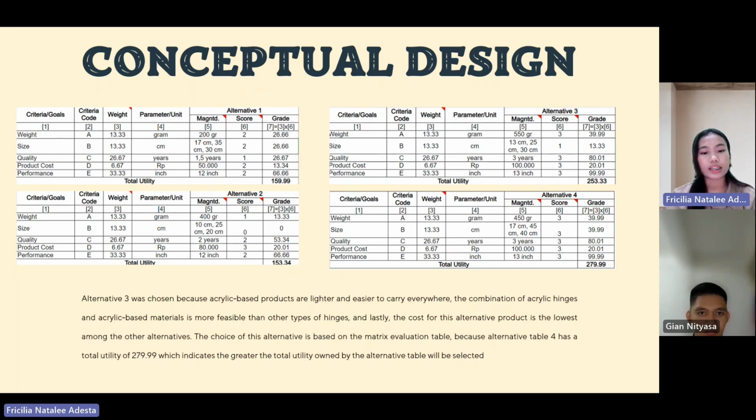The choice of this alternative is based on the matrix evaluation table, because alternative 4 has a total utility of 279.99, which indicates that the greater the total utility owned by the alternative, the more likely it will be selected.